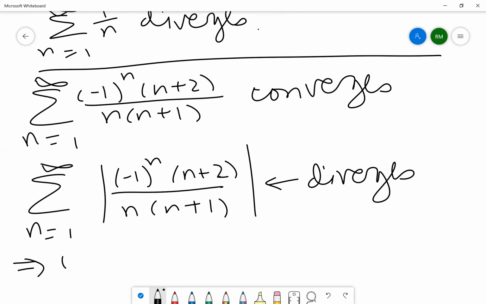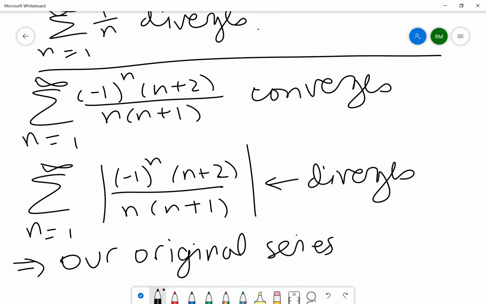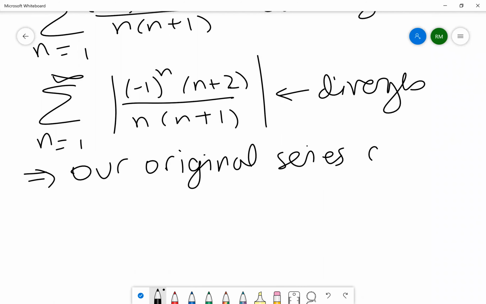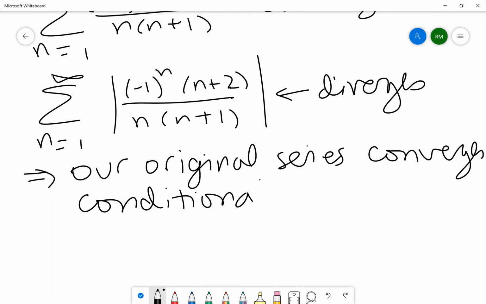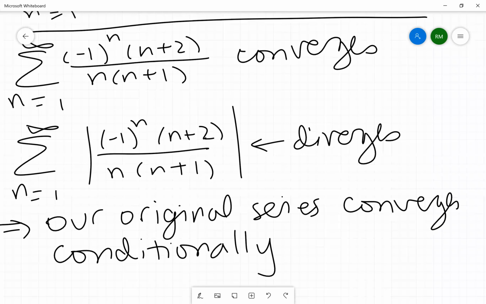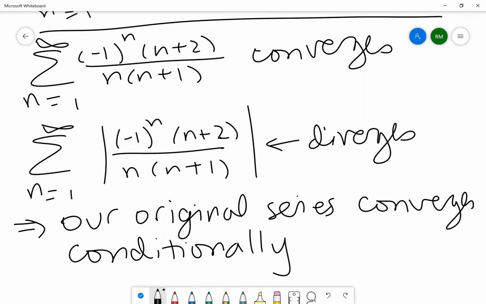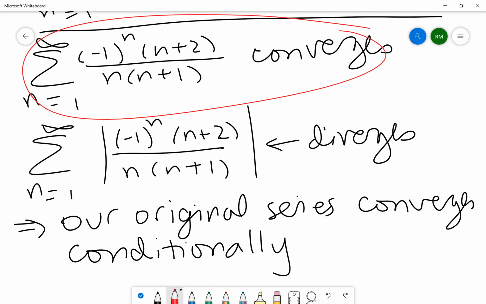And this tells us that our original series converges conditionally. So this series we began with right here must converge conditionally because it converged, but when you took the absolute values, it diverged.